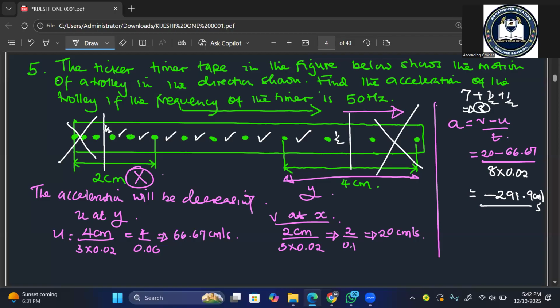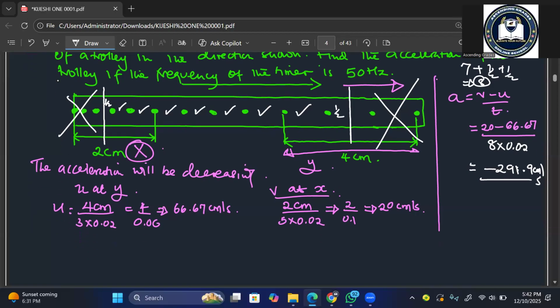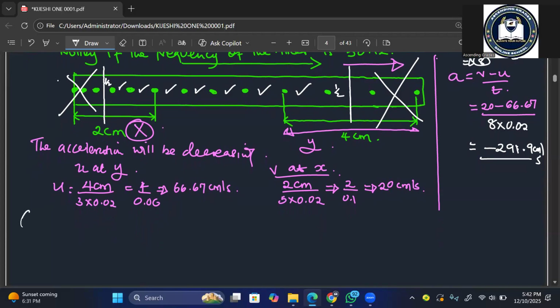You're told that an object is dropped from a height of 60 meters.